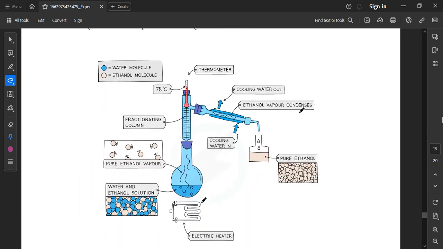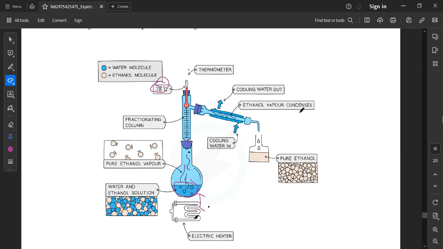An electric heater is specifically used so that the heat given can be controlled. We have a thermometer here to record the temperature. So we have, let's say, ethanol and water here. The ethanol, which has a lower boiling point, will evaporate first. It will boil first and move up while the water will still stay here, and the temperature over here will be constant.